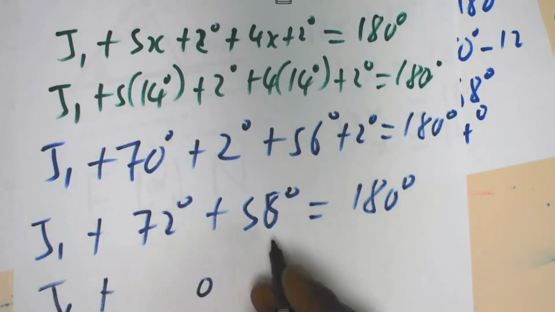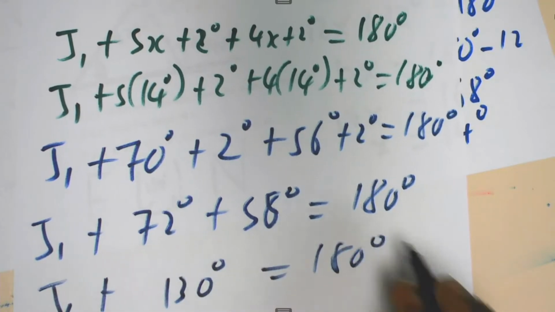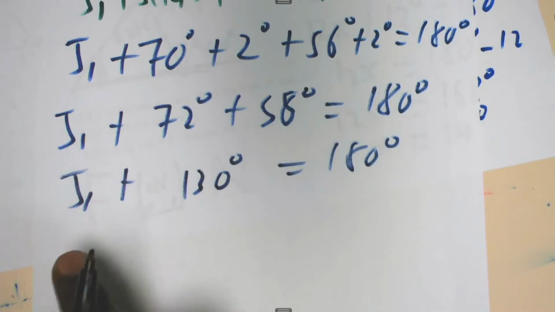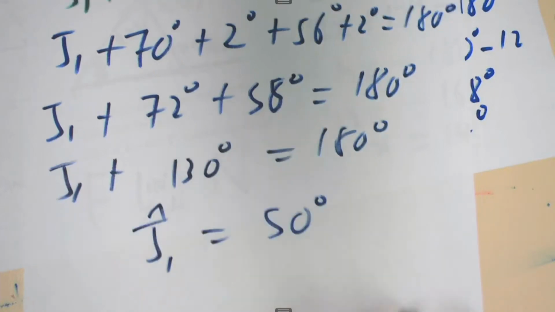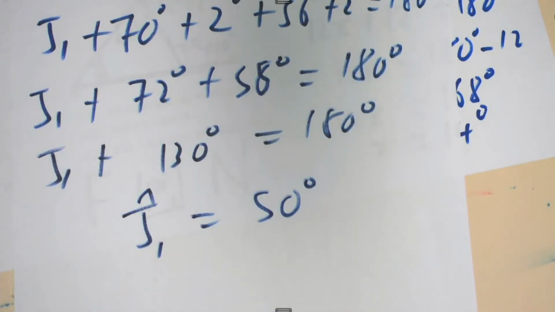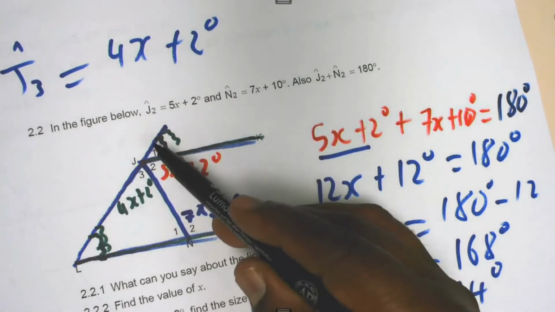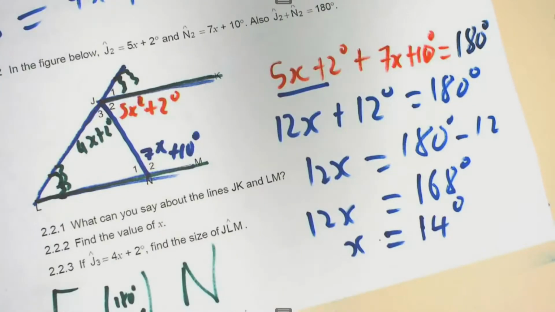J1 plus 130 degrees equals 180 degrees. To make this 180, this must be 50. So J1 is 50. If J1 is 50, JLM is also 50.